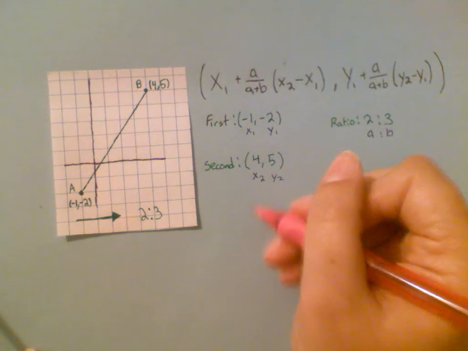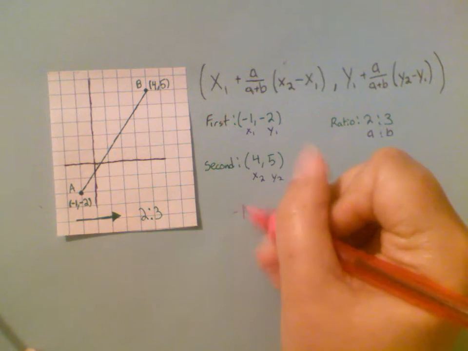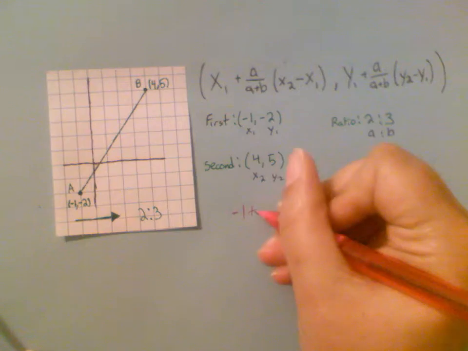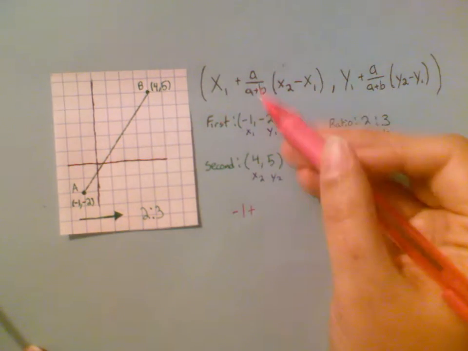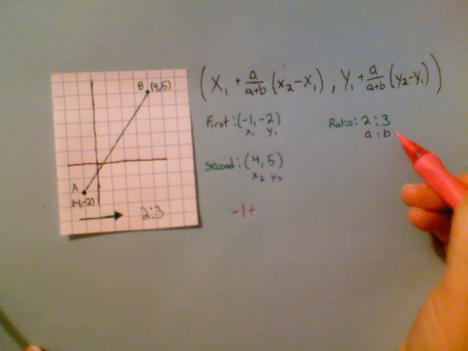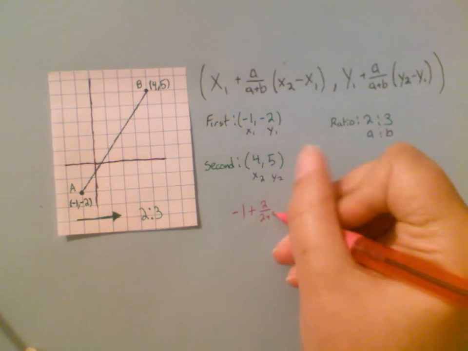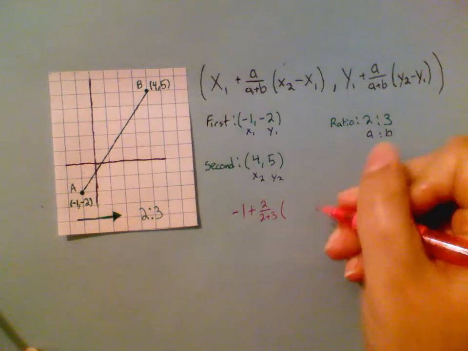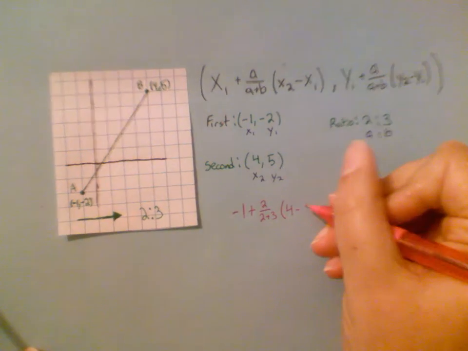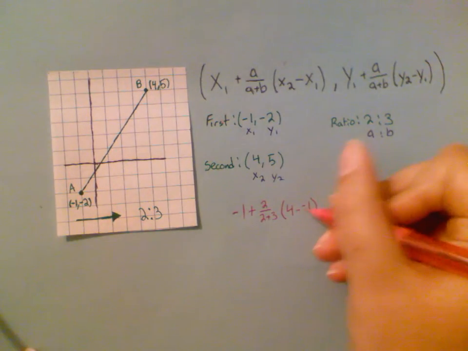So it's going to be -1 plus a over a plus b, so that's 2 over 2 plus 3, times x sub 2 is 4 minus x sub 1 is -1. So we do have a double negative there.